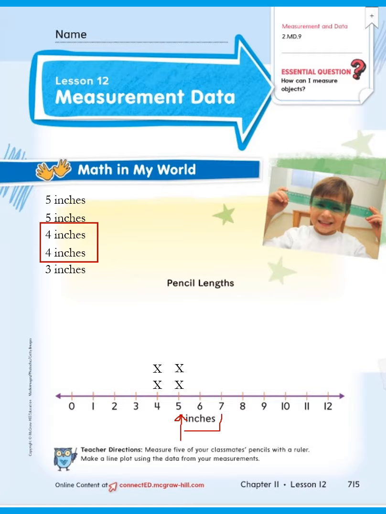And we only had 1 pencil that was 3 inches long, so we're going to put 1 X there. Boys and girls, that is all we are doing as far as line plots go. We've got a bunch of measurements and we just need to show all of that information in a nice organized way. Now let's go on to page 716.